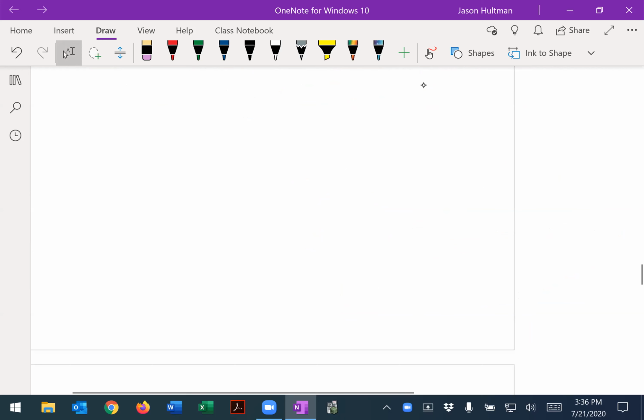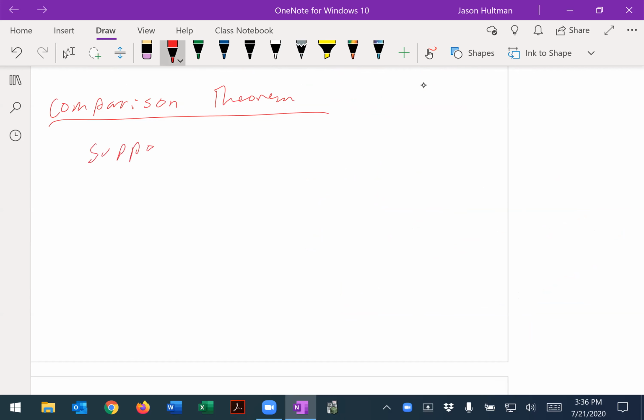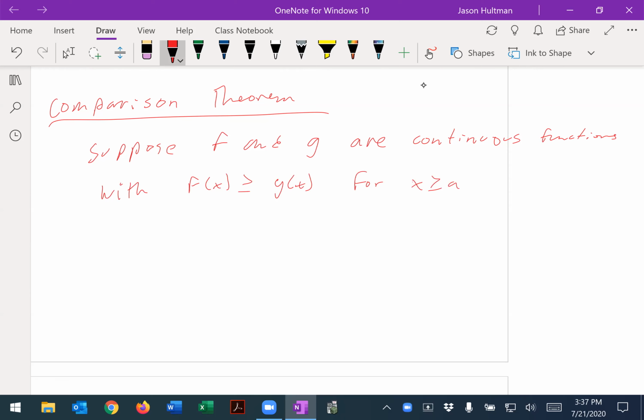Okay, let's look at the comparison theorem real quick. The comparison theorem: suppose f and g are continuous functions with f of x greater than or equal to g of x for x greater than or equal to a.